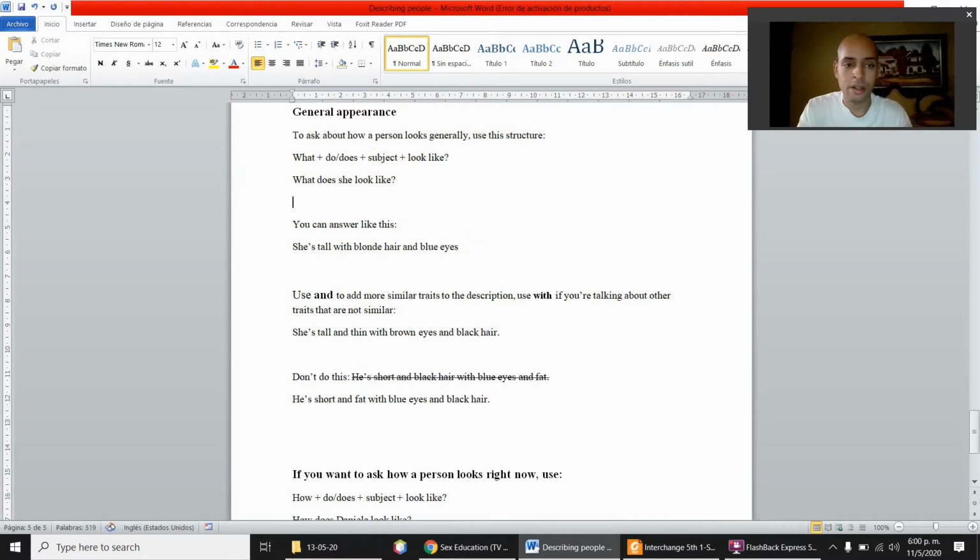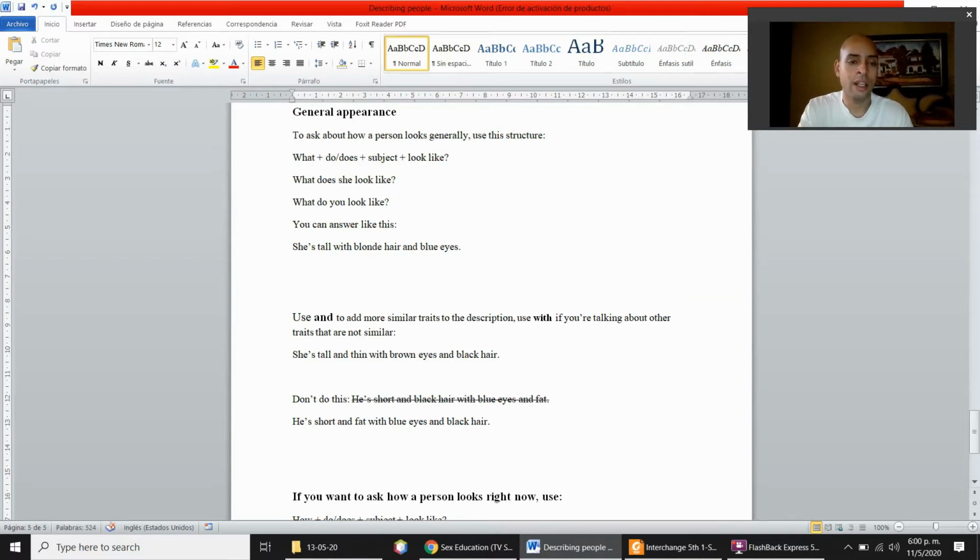Another example. What do you look like? For example, if you're asking someone you don't know, the person can answer, I'm short and bald. Bald means no hair.